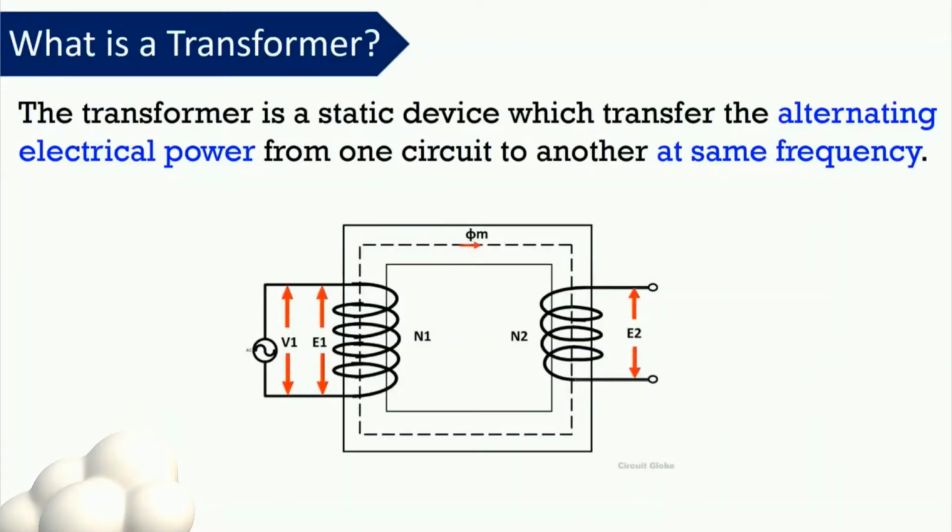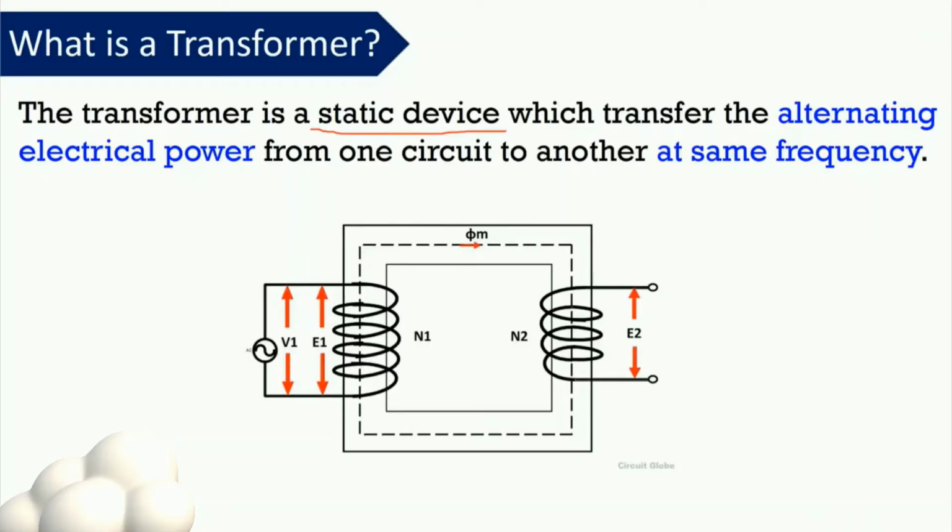Next we will try to understand the transformer. The transformer is a static device which transfers alternating electric power from one circuit to another. The first two questions which arise in our mind are why it is a static device, and how it generates the same frequency.